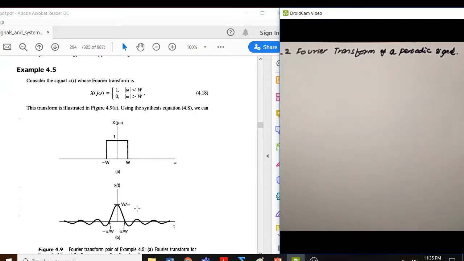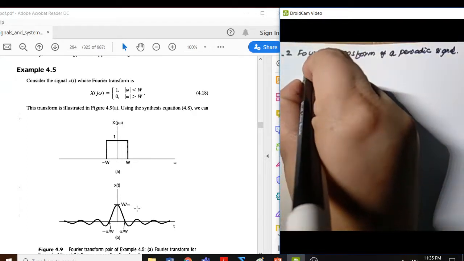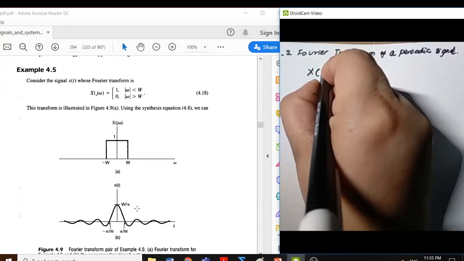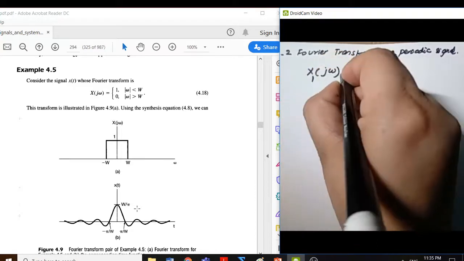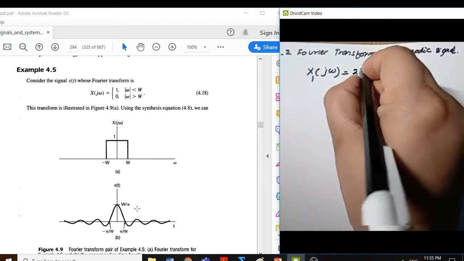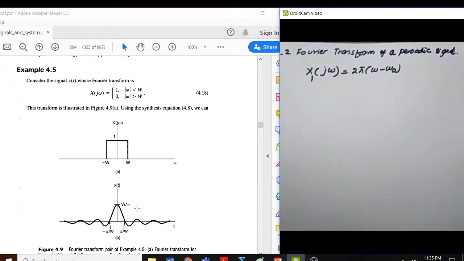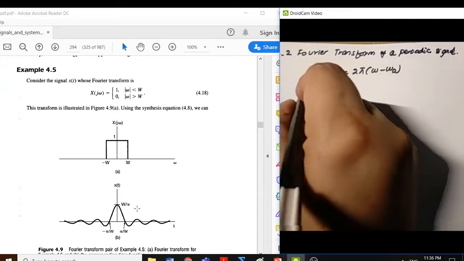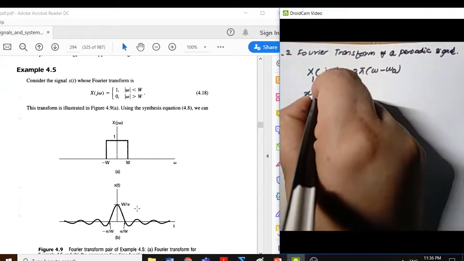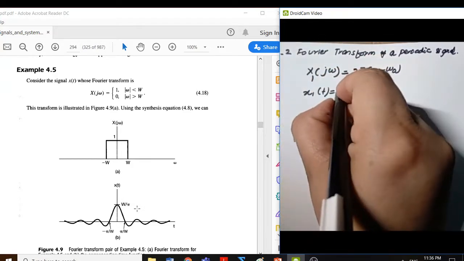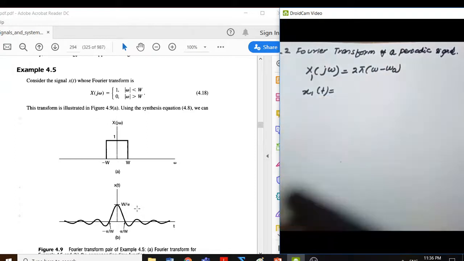So let's say that we have a signal x1 of t, and its Fourier transform is given by an impulse. Now this is a shifted impulse, and this impulse exists at omega equal to omega naught. If we want to determine this signal x1 of t, we'll use the inverse transform. The inverse transform's formula was given in the previous drawing.